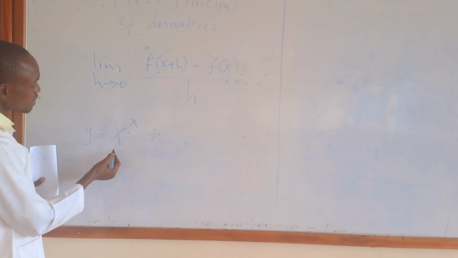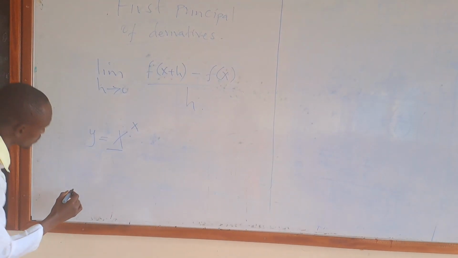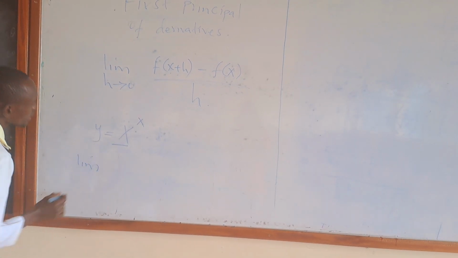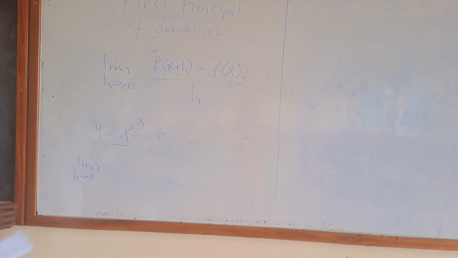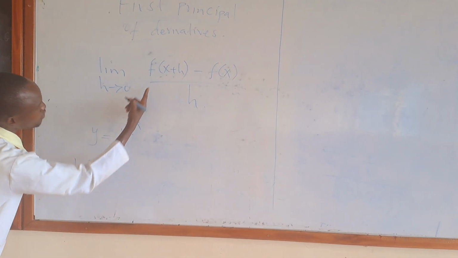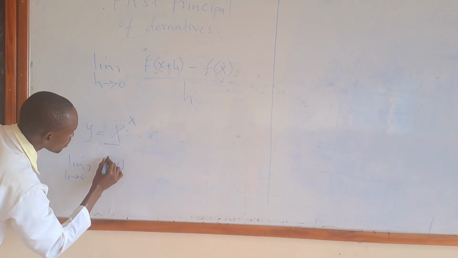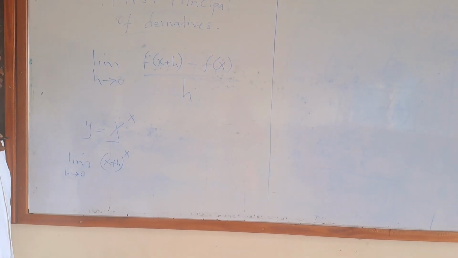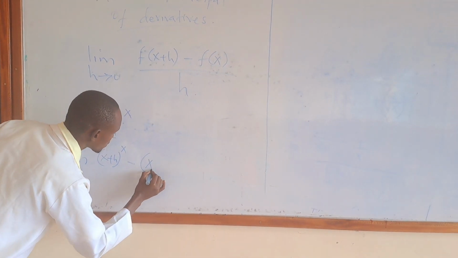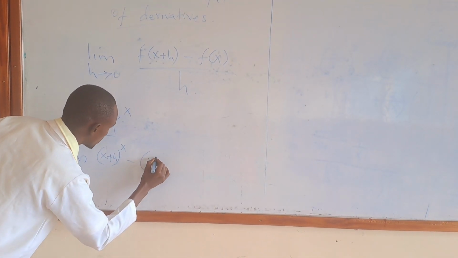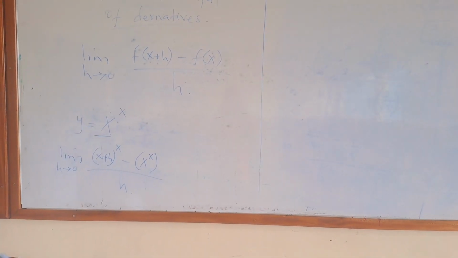So let's replace our function in the definition and see what it will give us. So we have the limit as h tends to 0 of the function of x plus h, which will be x plus h raised to power x, then minus x raised to power x, divided by h.